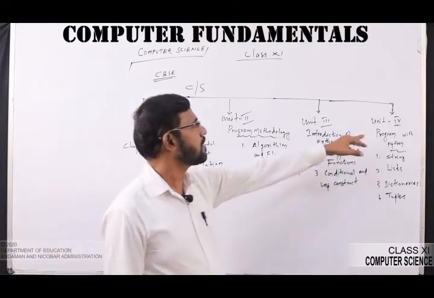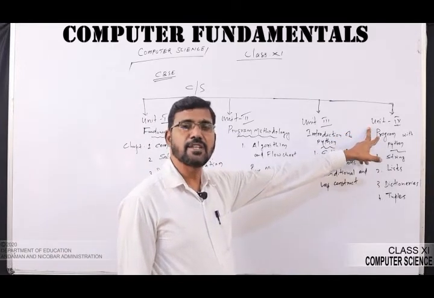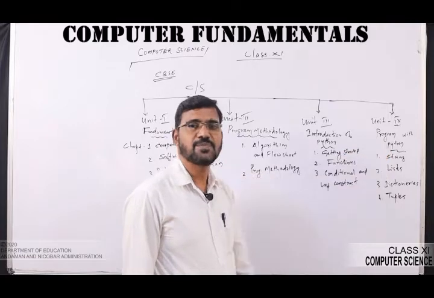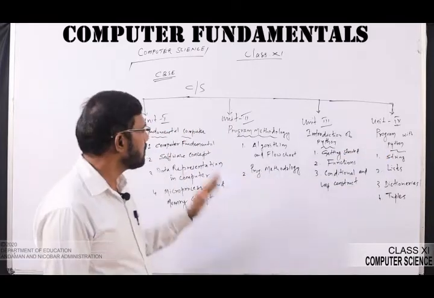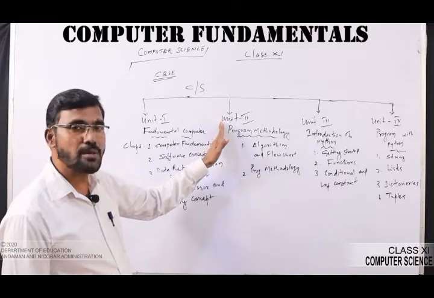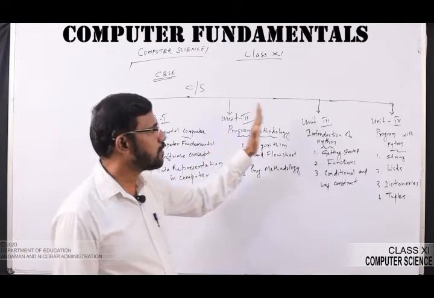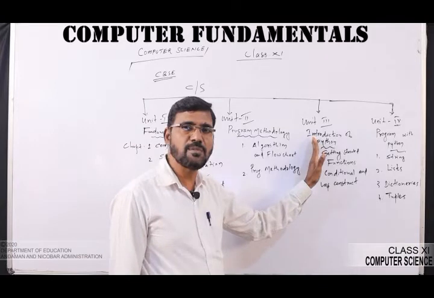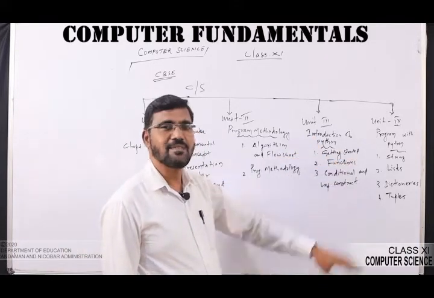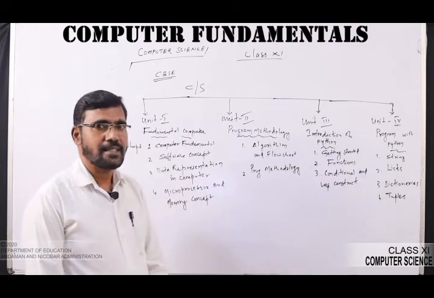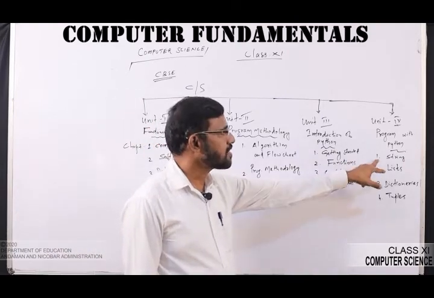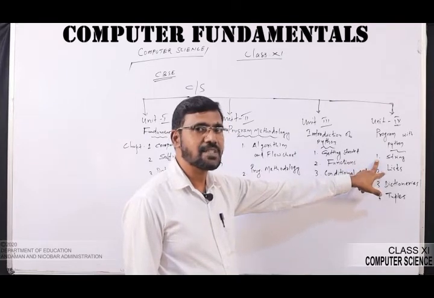You will go through this in the entire class 11th. Apart from this, unit number 4 is programming with Python. Once you have studied all the fundamental computer, and you are familiar with programming methodology, and thereafter the introduction to Python, then programming with Python will start. That is given topic-wise, chapter-wise. The first chapter is string.